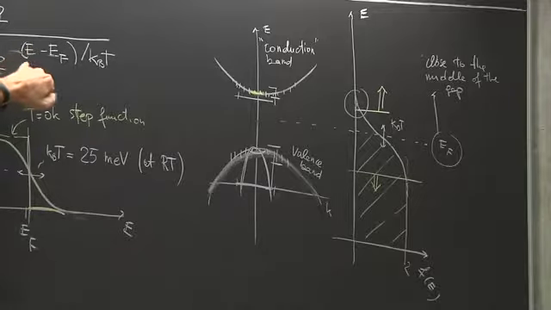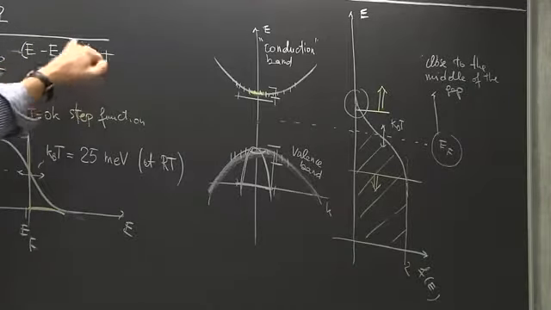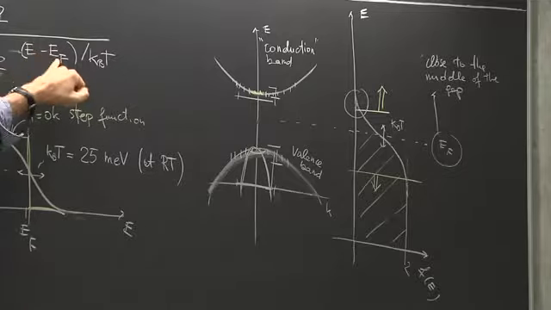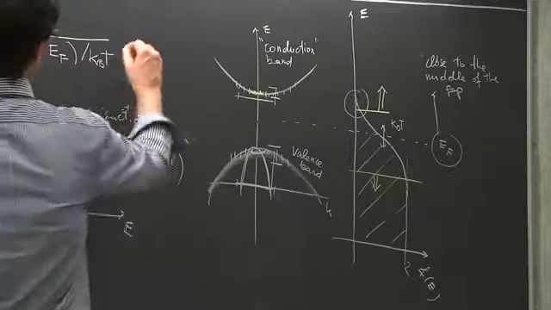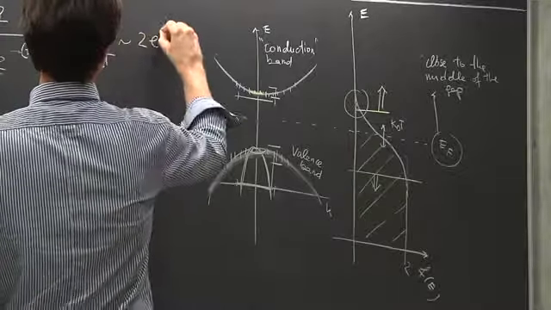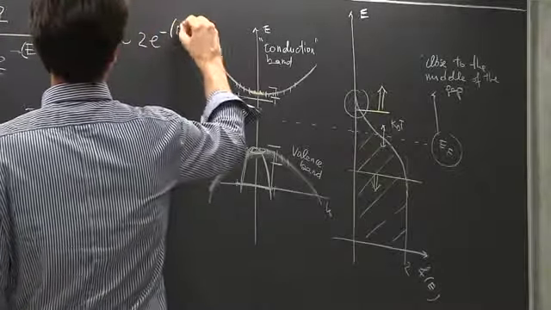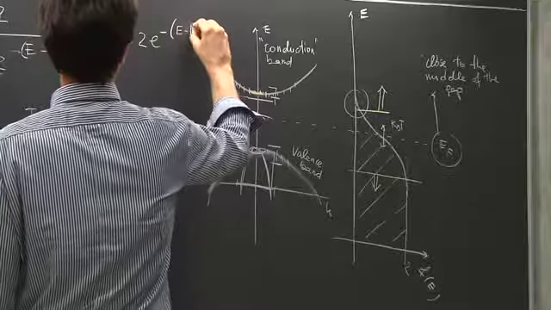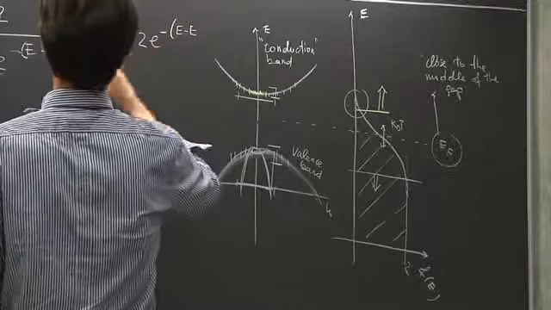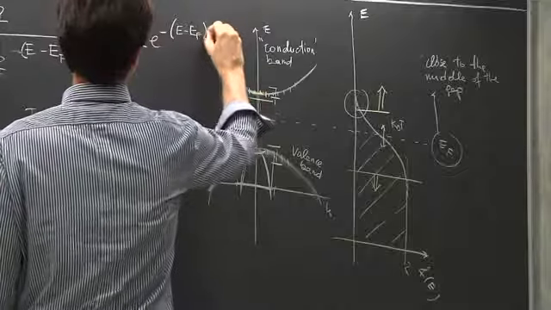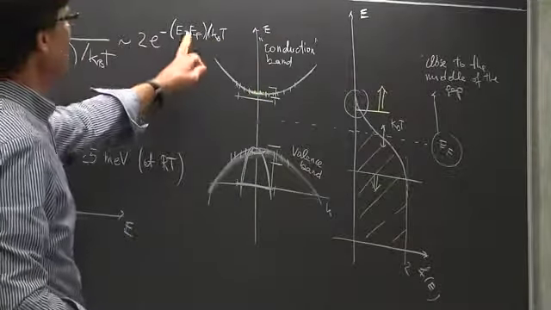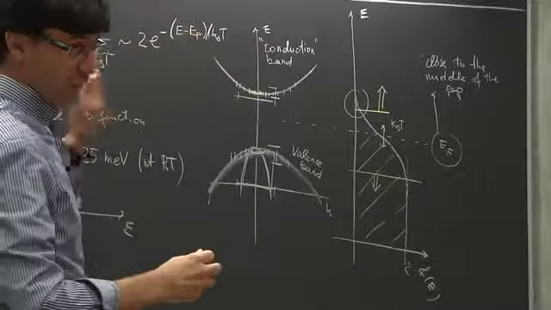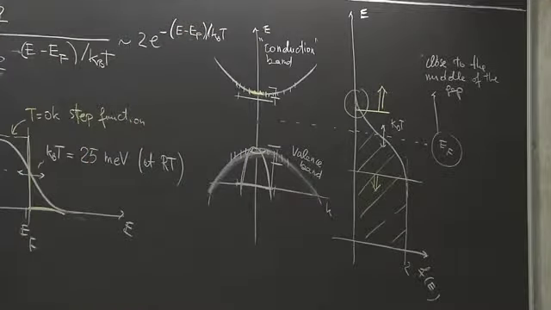Think of when this exponent is very big: energy much larger than EF in units of KBT. This function becomes 2e to the minus (E minus EF) over KBT. Sorry, plus. Minus. So it's essentially an exponential function from EF with a decay constant given by KBT.